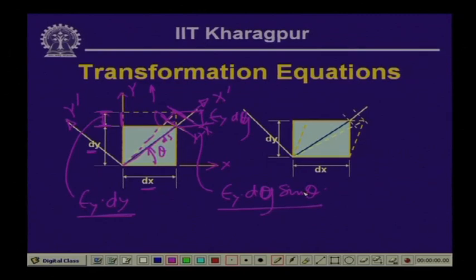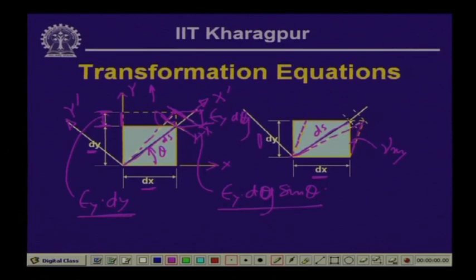Now, similarly, the element of size dx dy undergoes a shearing strain, with the shearing strain angle gamma x y, and thereby the diagonal which was originally of length ds is undergoing extension of this particular form.